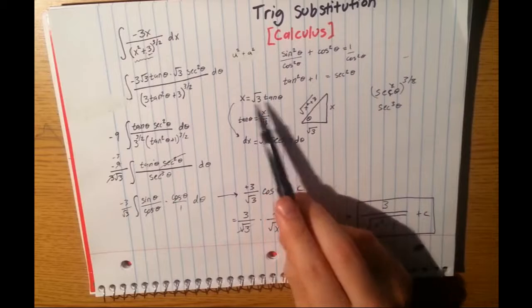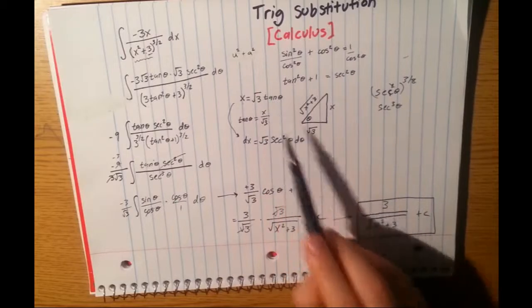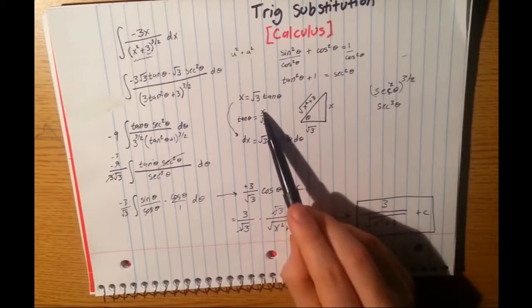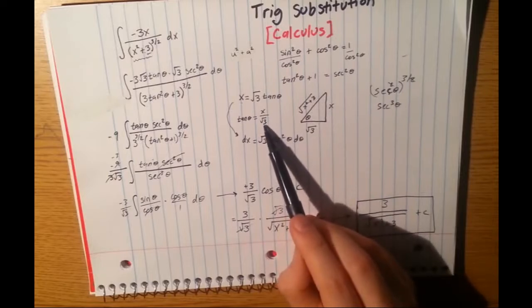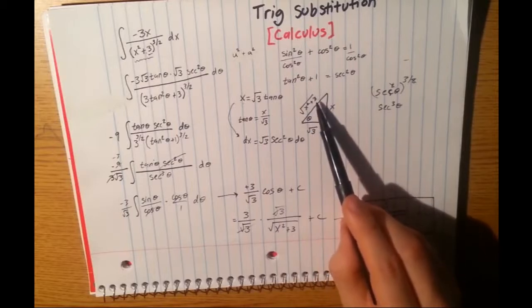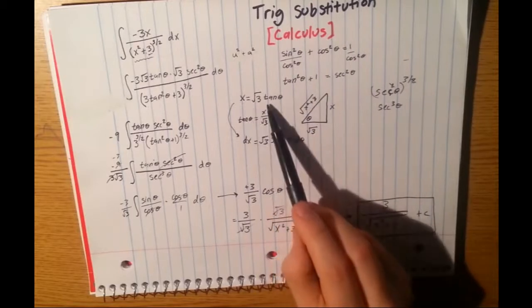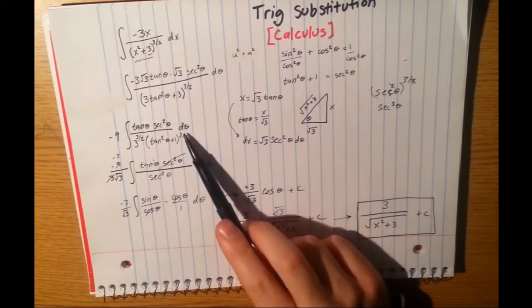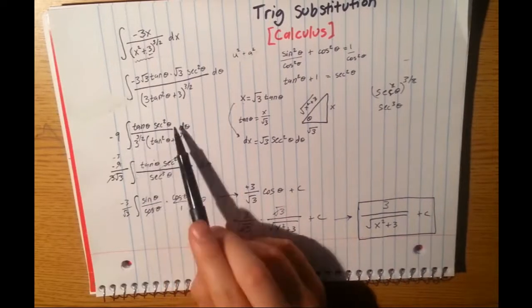After we decided our x was equal to root 3 tan theta, then we created a triangle based on that. We said this was the opposite side, this was the adjacent side, and then using the Pythagorean theorem, we got the hypotenuse. After that, we took the derivative of this to find the dx, and then we plugged that whole puppy into here. And this became a huge mess.